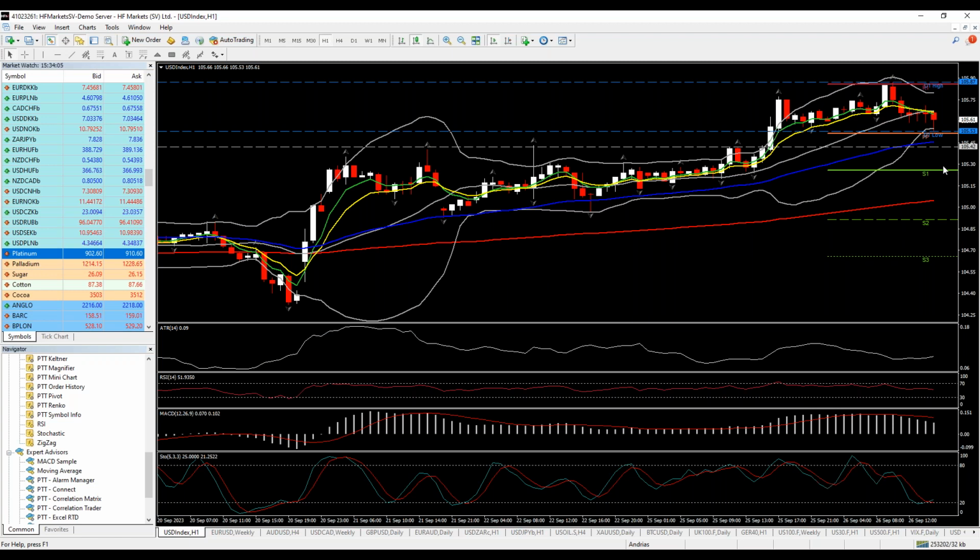So any pullback today, any disappointment, any miss of consumer confidence today might add some pressure on the dollar, but that pressure is expected to be limited. So keep an eye on the 105.40, 105.30 territory.